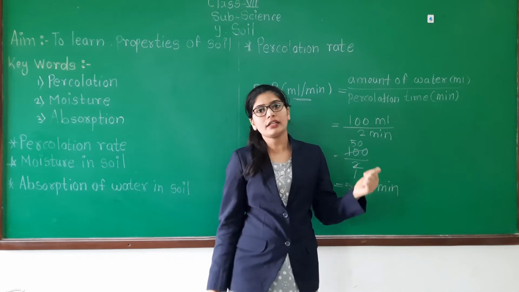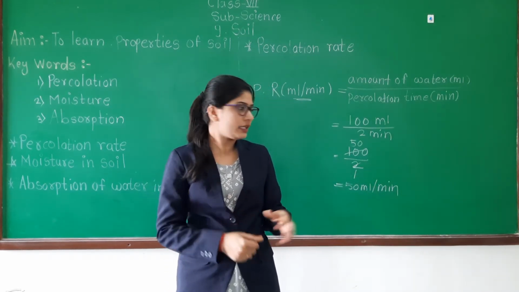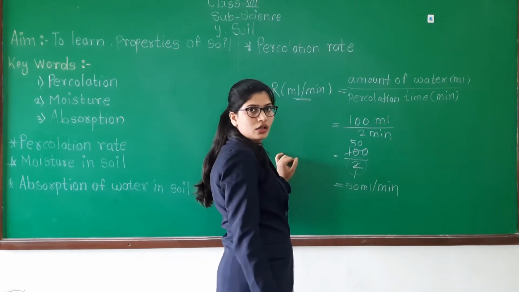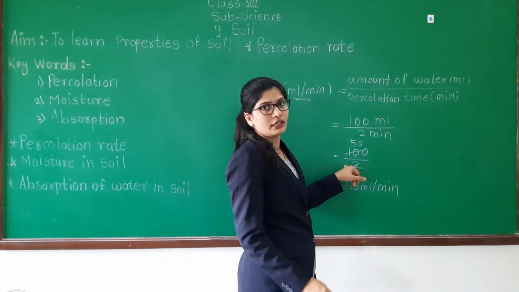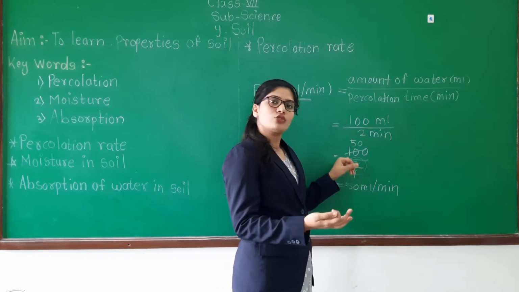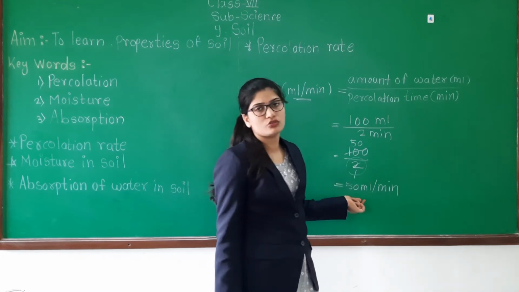But like that we can calculate the percolation rate of sandy soil also. Only the time changes. For sandy soil maybe it requires 20 minutes or 10 minutes. So as per the value, the percolation rate will change.